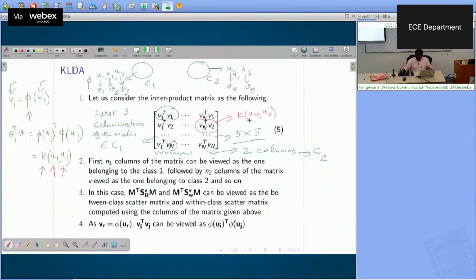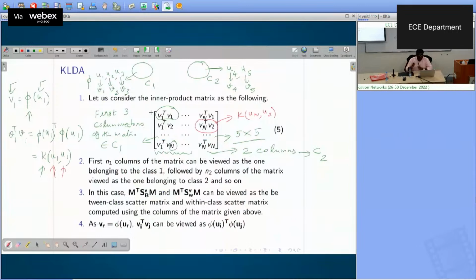Raw data are U. You are going to do that kernel function K of U1 comma U2. Whatever the given data, in the feature dimension space, you are doing a kernel operation on that. K of U1 comma U2 is directly V1 transpose V2. Got it? So directly you are going to find this matrix. This is the starting point of KLDA. KLDA starts with constructing the inner product matrix using the kernel function.